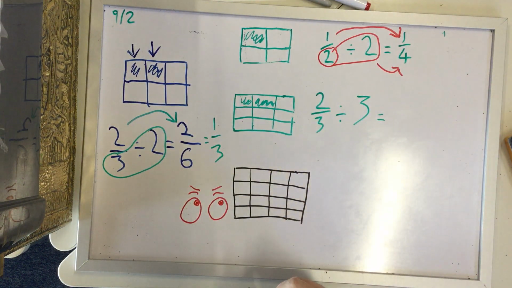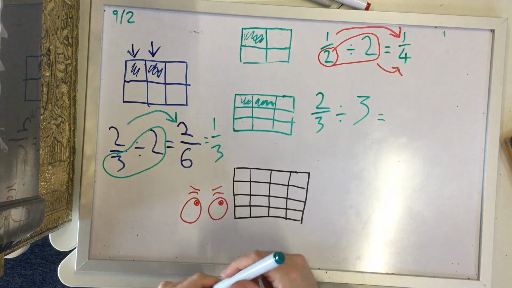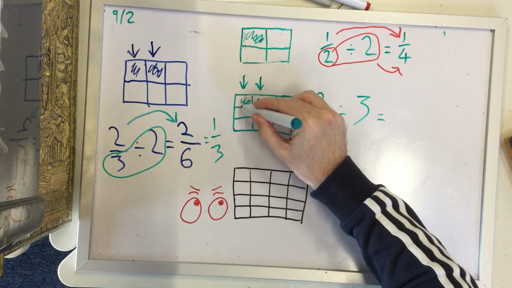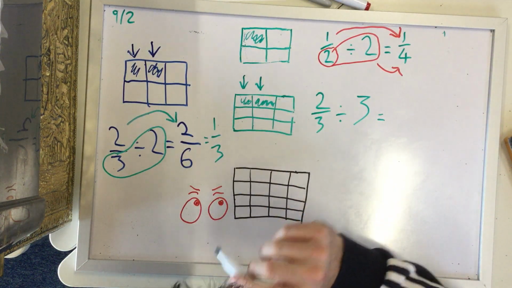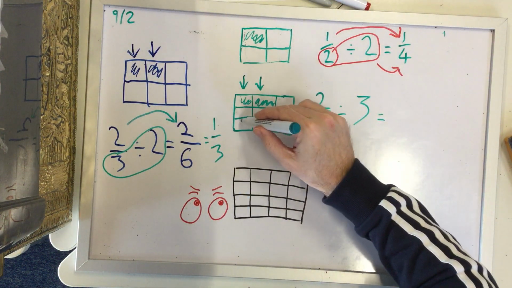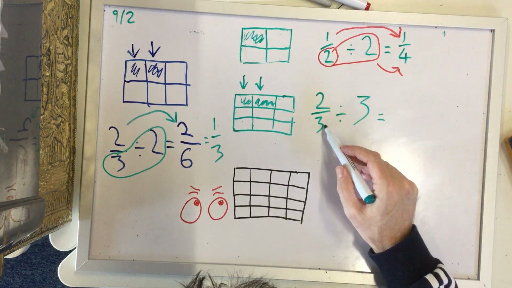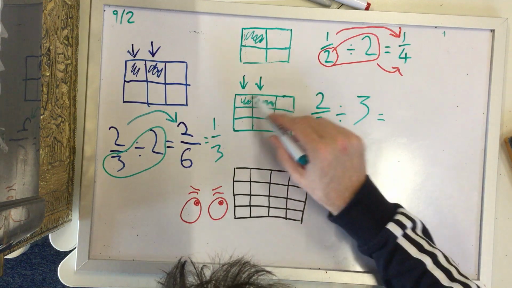Okay, so moving on to this one, 2/3 divided by 3. Okay, so you can see I've actually already set this one up. So we had 2/3 here and here, these columns, but we've split them, divided them by 3. Okay, and that's left us with 9 parts altogether.